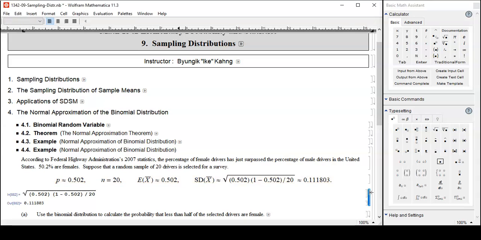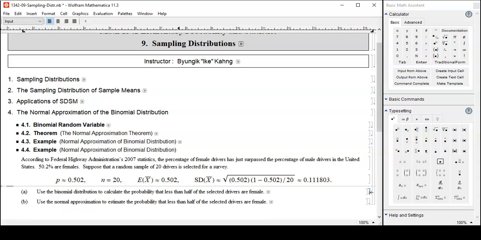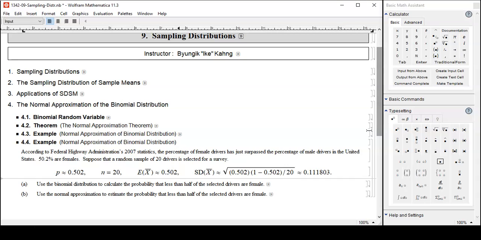So, did you get the normal approximation? The normal approximation centered at the expected value of 0.502 and the standard deviation of this. And then what is the question here? Use the binomial distribution to calculate the probability that less than half the selected drivers are female. Well, that's direct binomial computation, but we are in normal approximation here, so let's go to B first.